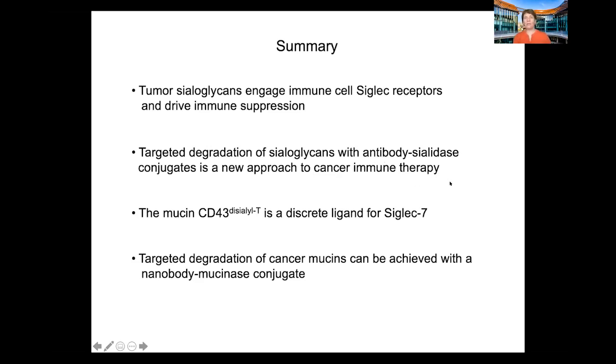Hopefully this will lead to better treatments for patients. And then in recent work, we identified a mucin, CD43, carrying disialyl T epitopes as a discrete ligand for Siglec-7 on certain tumors. And we're hoping that we can develop these targeted mucinases as more targeted therapeutics in this axis of Siglec biology. And with that, I'll conclude.